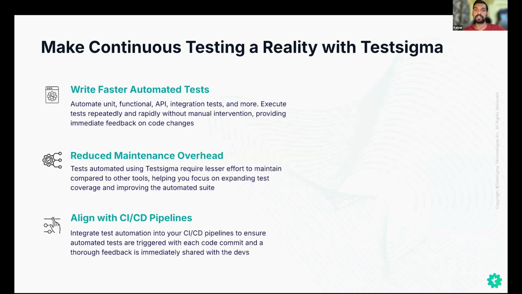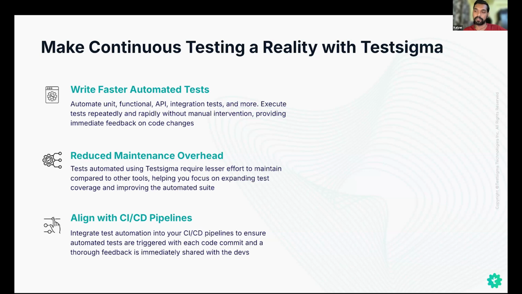So how do you use Testsigma to make continuous testing a reality? One is, write automated tests 10 times faster. So be it your functional tests, be it your API tests, be it your end-to-end tests, integration tests, you can write all of these automated tests for web applications, mobile applications, irrespective of what the platform is.